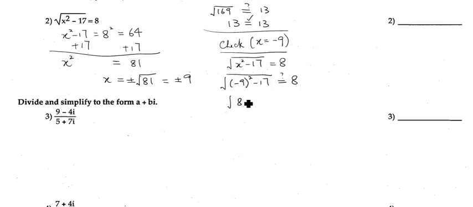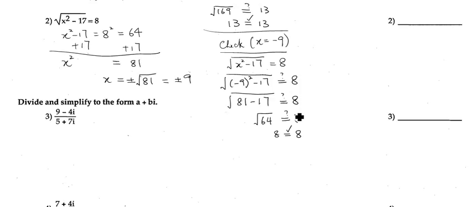The radical 81 minus 17, is that equal to 8? So radical 81 minus 17 will become radical 64. Is radical 64 equal to the right-hand side? The answer is yes. So that means x indeed is equal to negative 9.